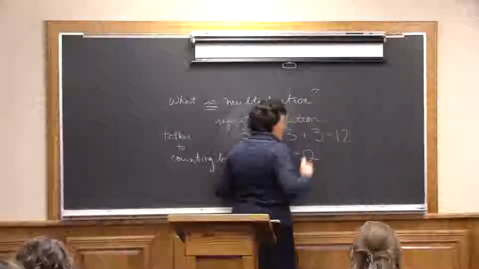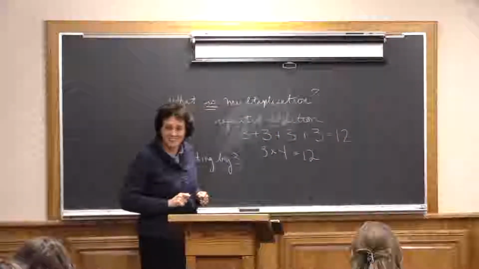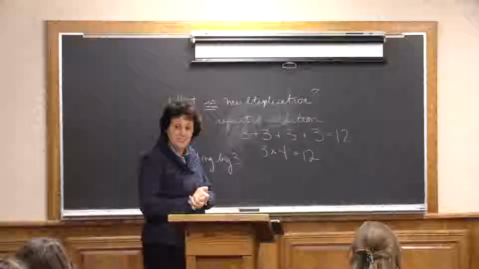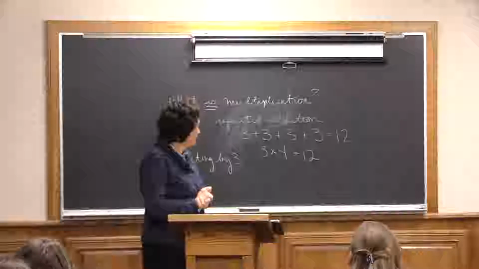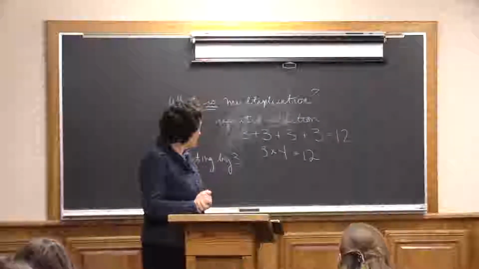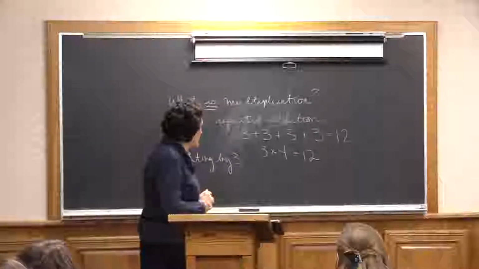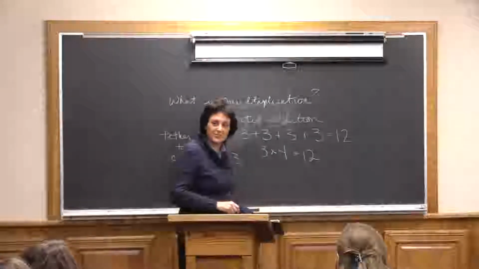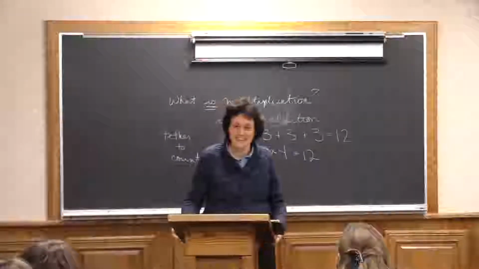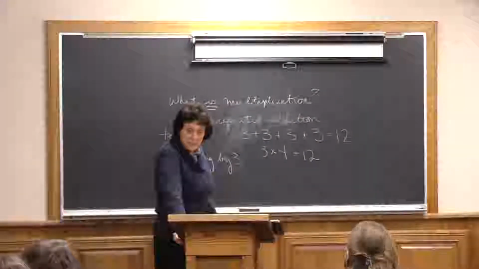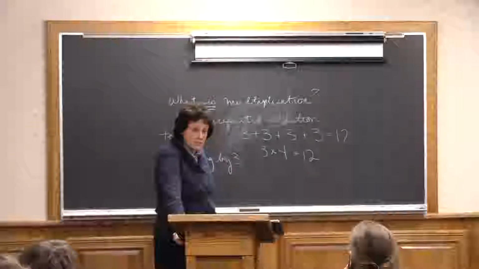Wait, there. I did it right. 12. I never write 12 like the top number. And of course, see my threes? All right, so you guys are college students, so I don't have to pay attention to that detail. But what are you going to have to do if you student teach?